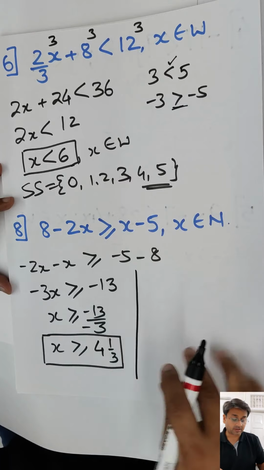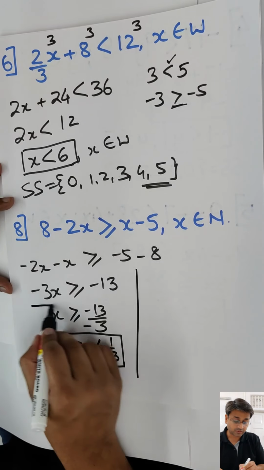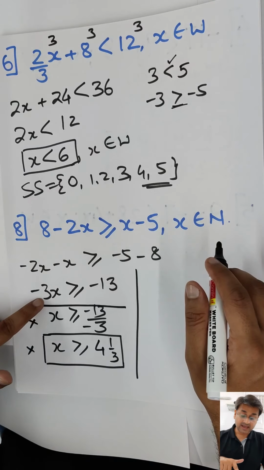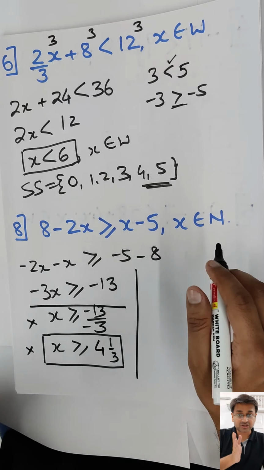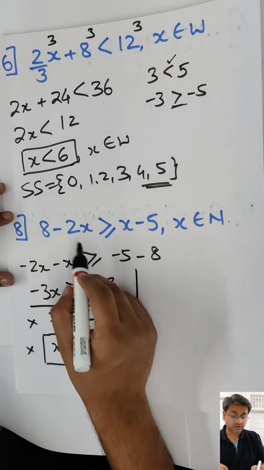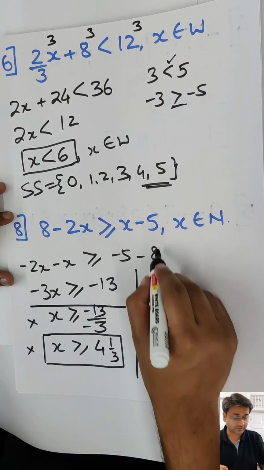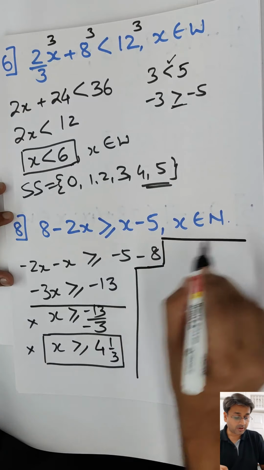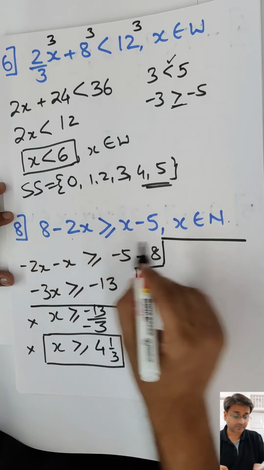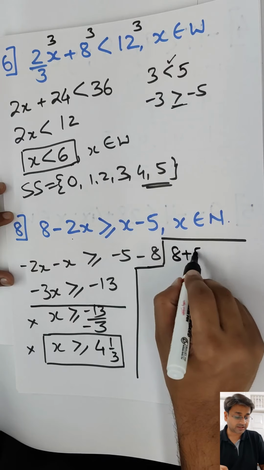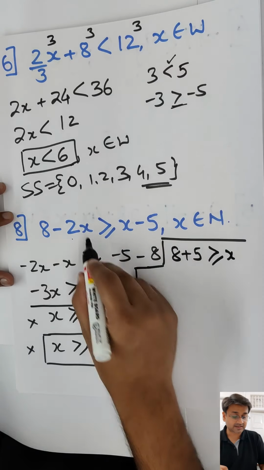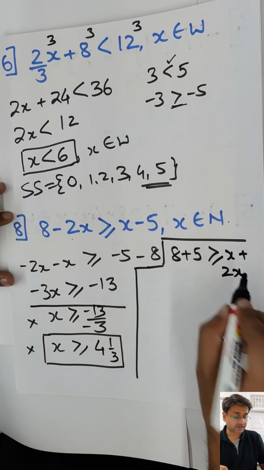So I have a better method. Instead of flipping the sign, what you can do is, see, this is wrong. The better option is to take x on that side, either LHS or RHS, wherever it becomes positive. So instead of pushing minus x over here, I'll push 2x to the other side so that x becomes positive. So it will become 8 plus 5 greater than or equal to, as it is, and 2x going to the other side, so plus 2x.